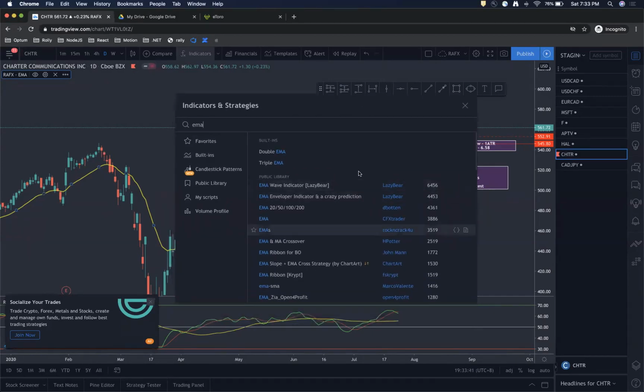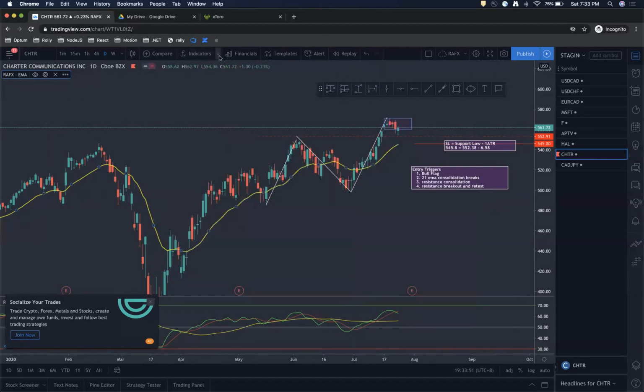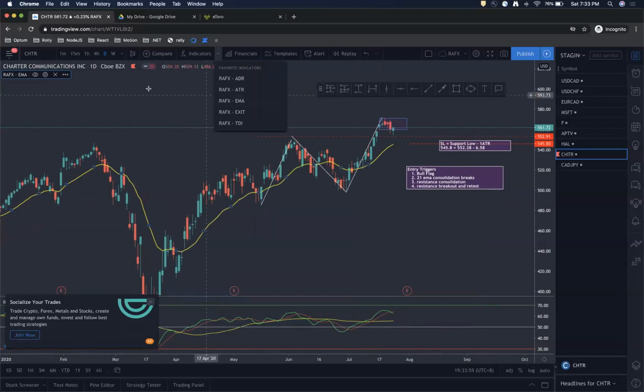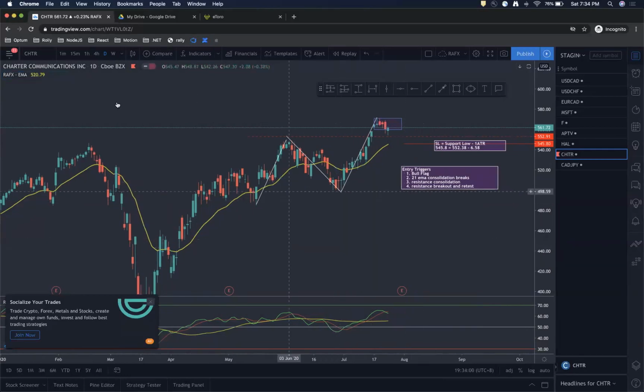Again, these are the indicators that we have. You can have your own EMA. I have my own favorites here. I just named it RAFX for naming convention, and I can send you the script for this, but you can always use other EMAs.